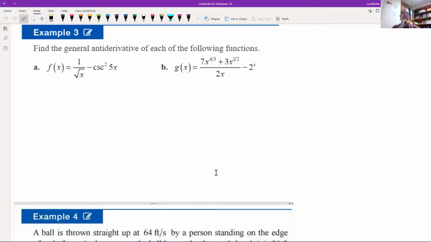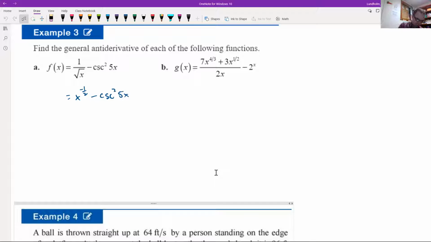Okay, so taking the antiderivative of part A, we've got x to the negative 1/2 minus the cosecant squared of 5x.